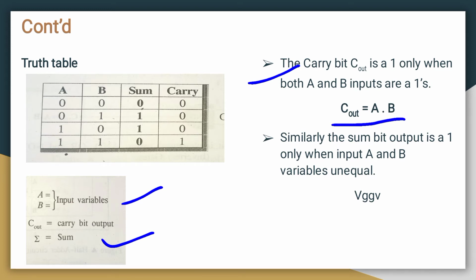So the formula is C out equals A dot B. Similarly, the sum bit output is 1 only when the input variables A and B are unequal. Clear? Nothing but you get the output 0 when both input variables A and B are equal. So here it is given as 1 for unequal, and for equal the output will be 0. So this is about the half adder.